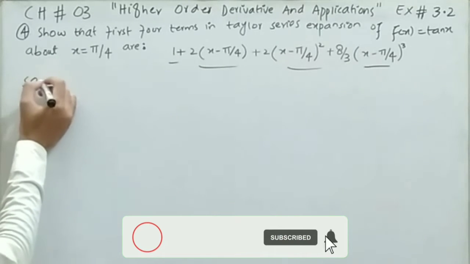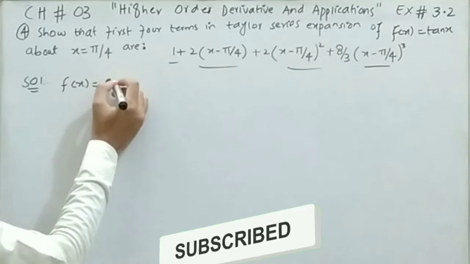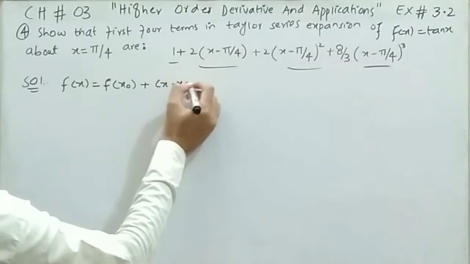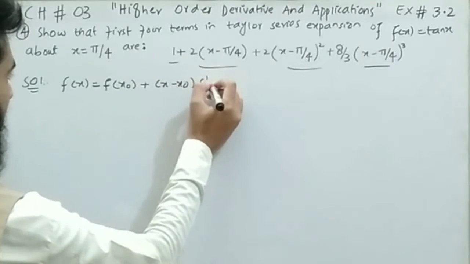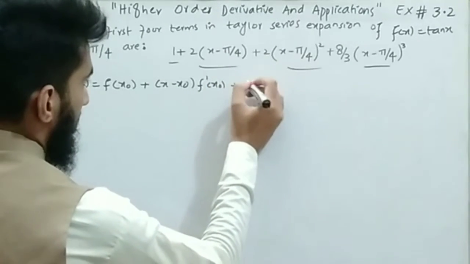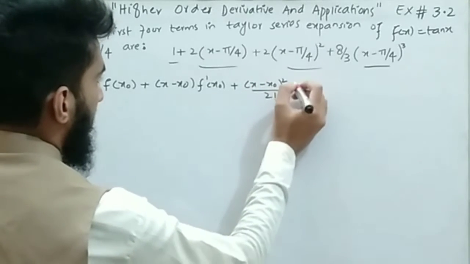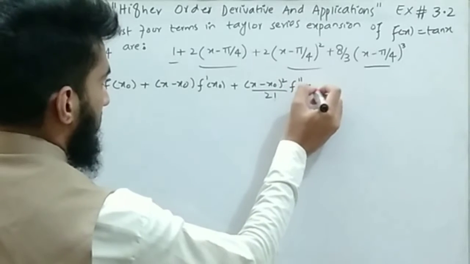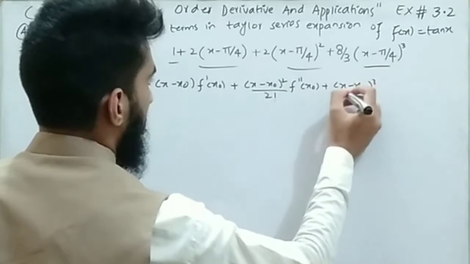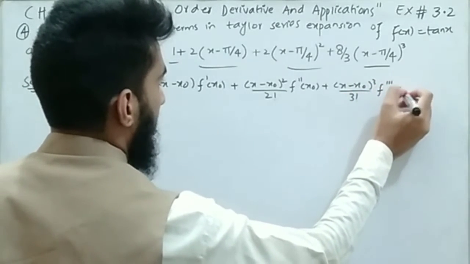Remember, for the solution, the formula for the Taylor series expansion is that f of x is equal to f of x naught plus x minus x naught f prime of x naught, plus x minus x naught whole square divided by 2 factorial f double prime of x naught, plus x minus x naught whole cube divided by 3 factorial f triple prime of x naught.